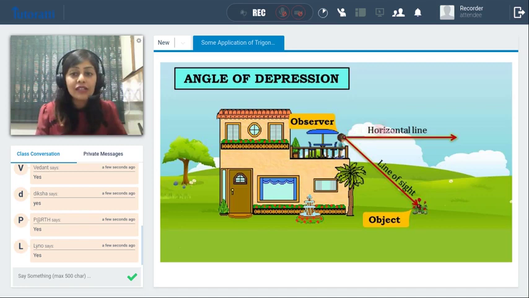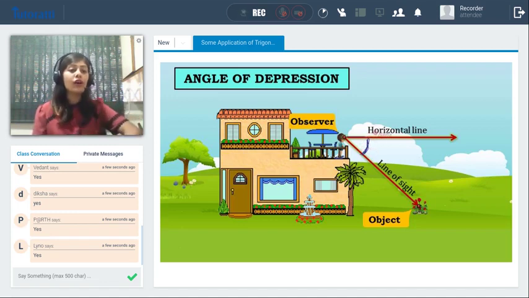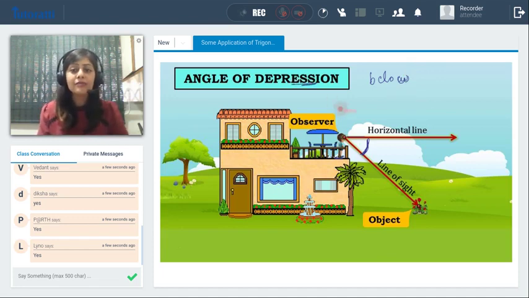So first thing you need to do is draw a horizontal line. Whenever the observer is at any height, draw a horizontal line. Angle is always horizontal line with the line of sight. So this is the angle that we are now talking about. And since it is below the horizontal line, we call this the angle of depression. Depression means below.